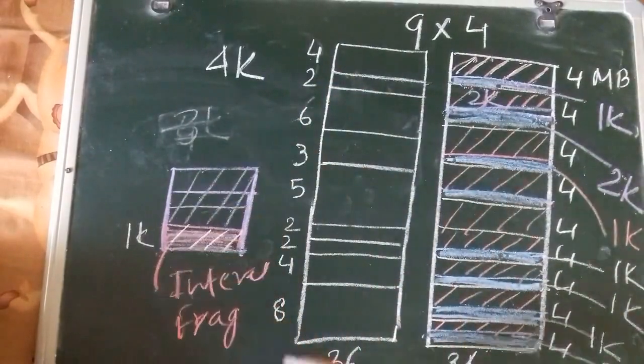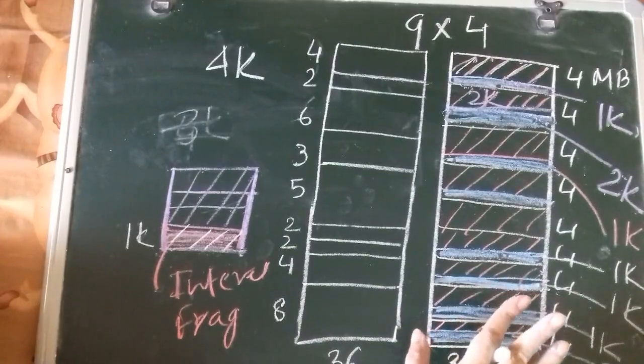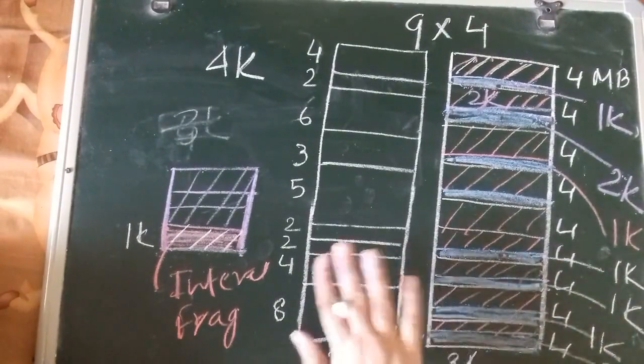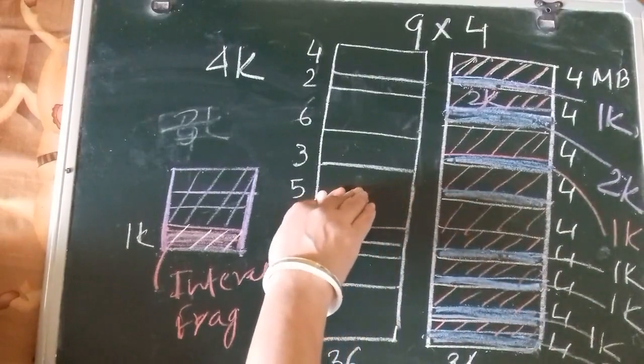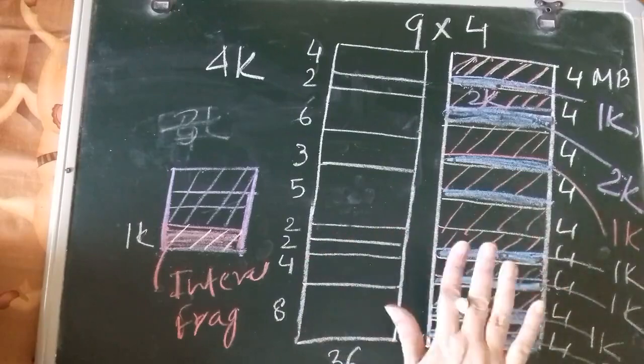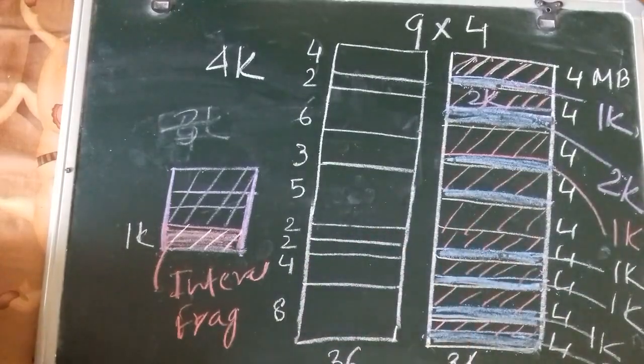So this is the drawback of fixed partition, and based on it the remaining paging schemes were developed. Hope you have understood the difference between these two. In this case less internal fragmentation will be generated, even though both are the same fixed partition algorithm.